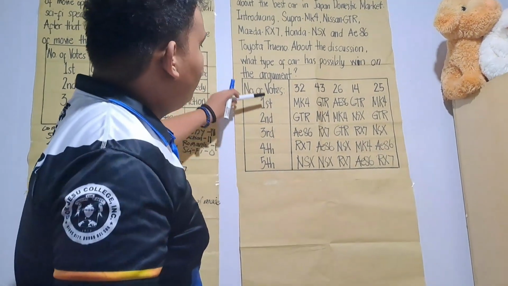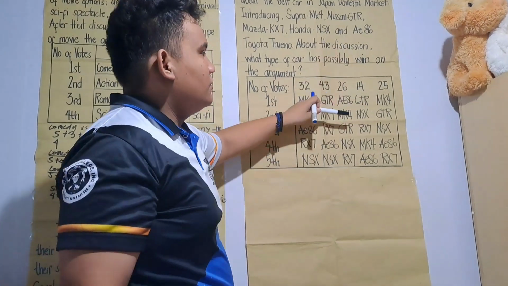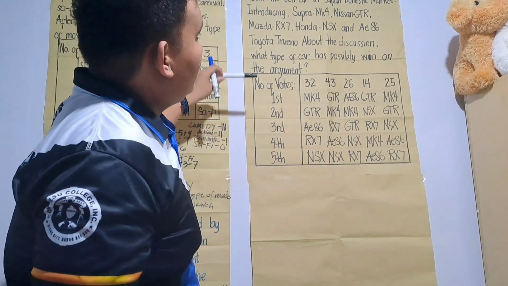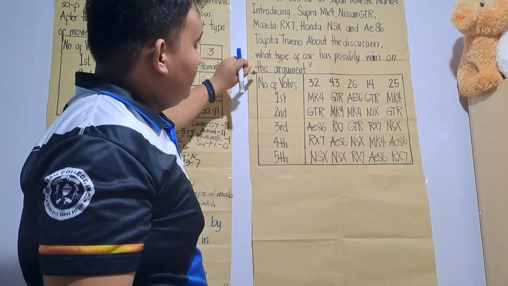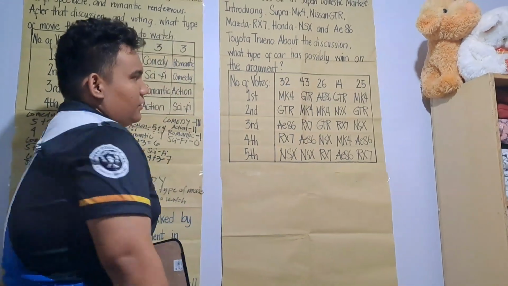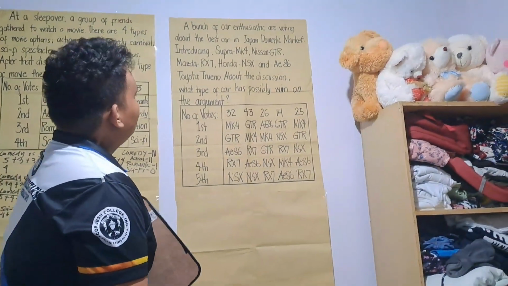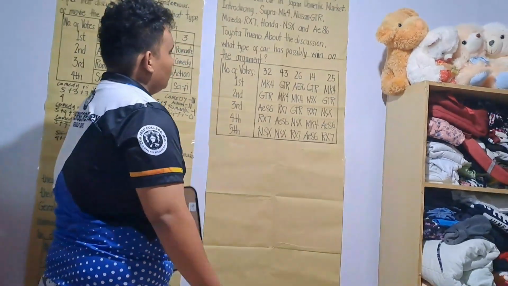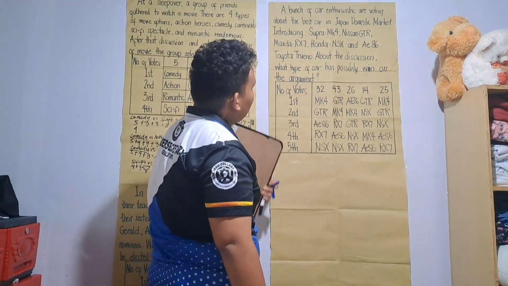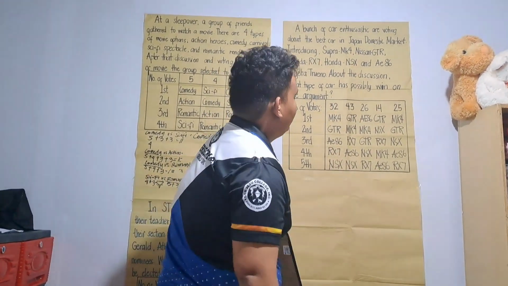So in the table above, there are a total of 140 voters in the group. We need to find the best car in the Japan domestic market.